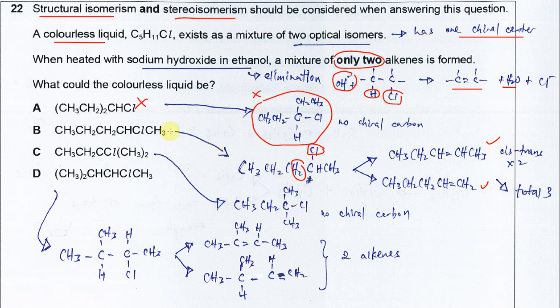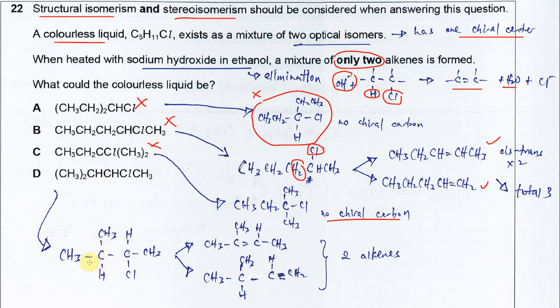That's why B cannot be the answer. Okay, C. If we draw the structure clearly like this, we know that all the carbons are not chiral carbons. So no chiral carbon, that's why it cannot be considered. Of course, the answer is D.